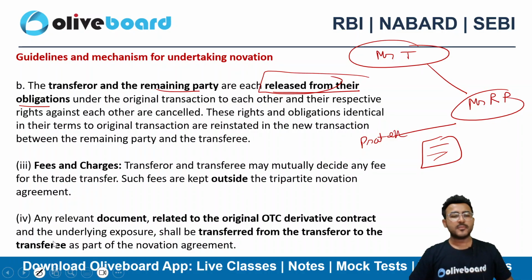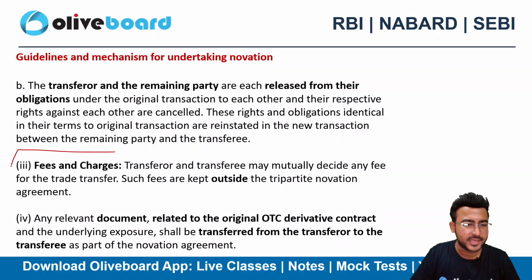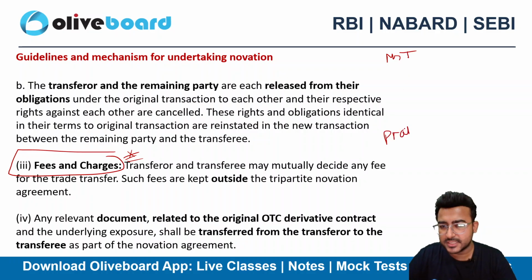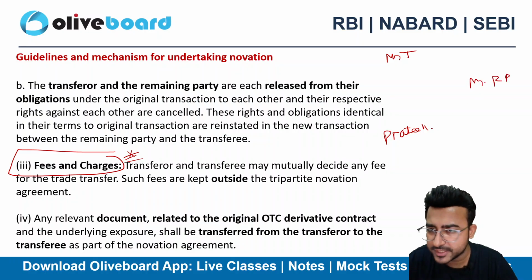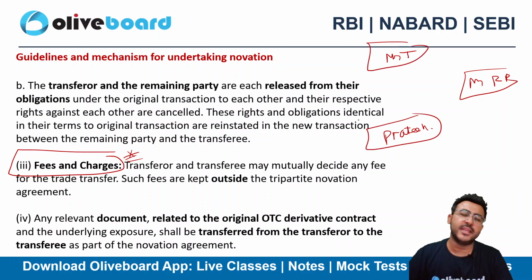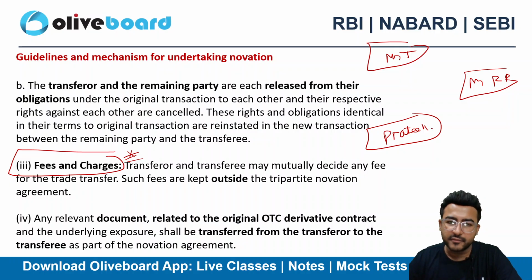Fees and charges, now that's a very interesting point. Fees and charges, Mr. T and I am doing a transaction for entering into an agreement, right, an OTC agreement. Definitely this transaction is happening on the prevailing market prices on mark to market value.